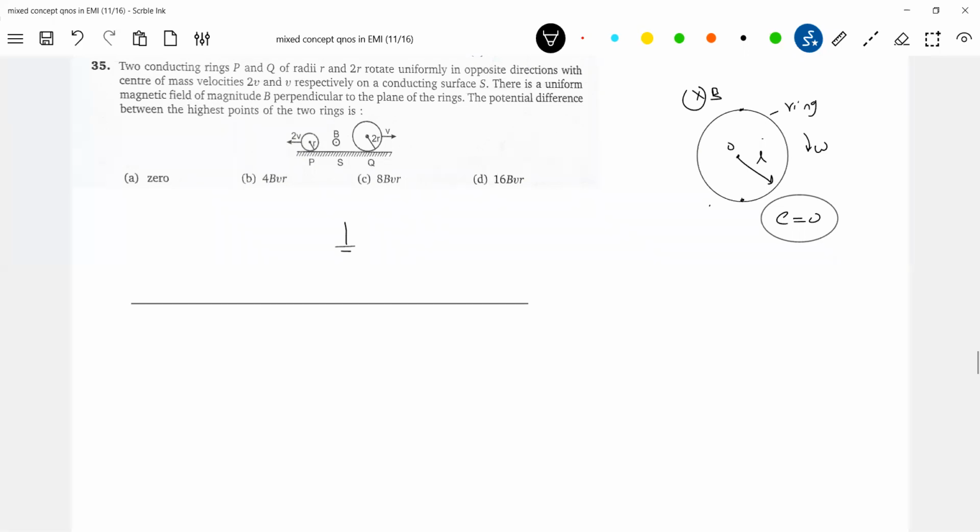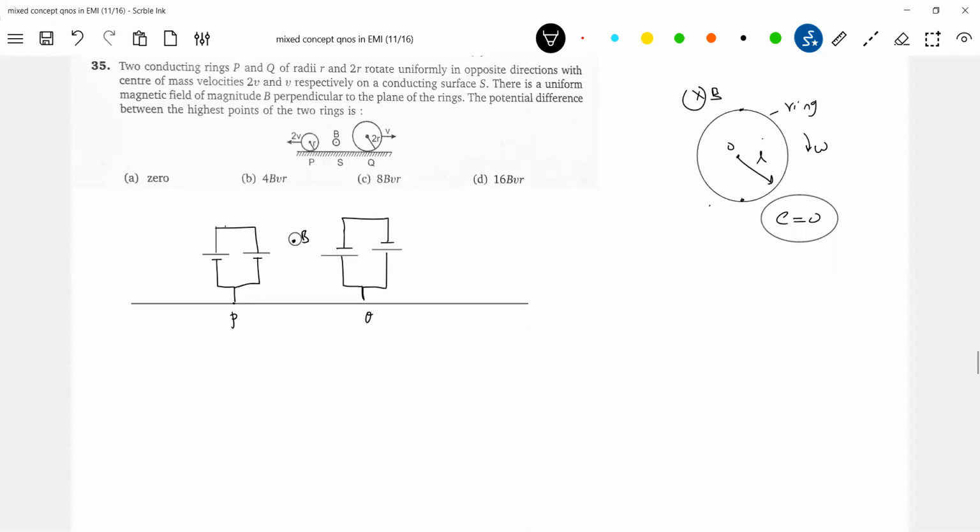B bar out of the plane, velocity. So this should be the... this is the ring. There's a point Q. Here B bar out of the plane, B bar out of the plane. So this will be the velocity. Now what should be the EMF?